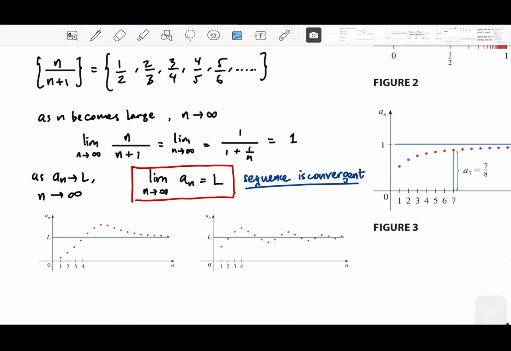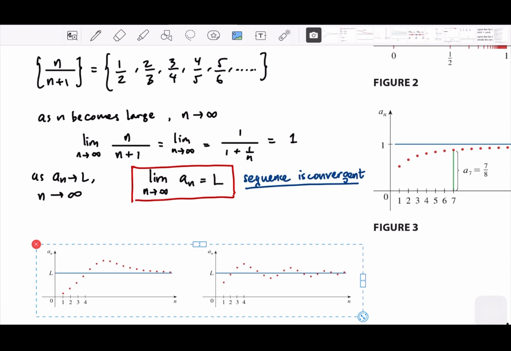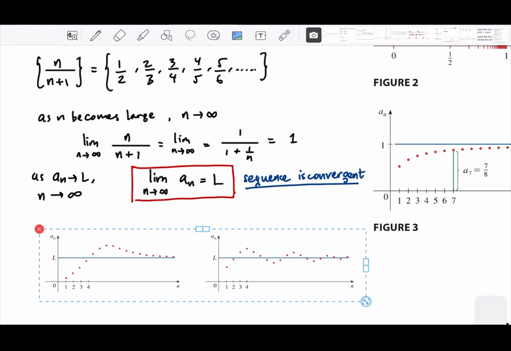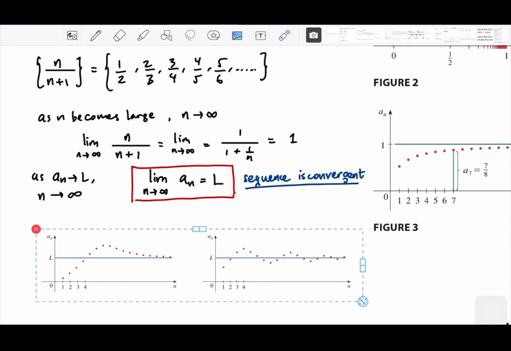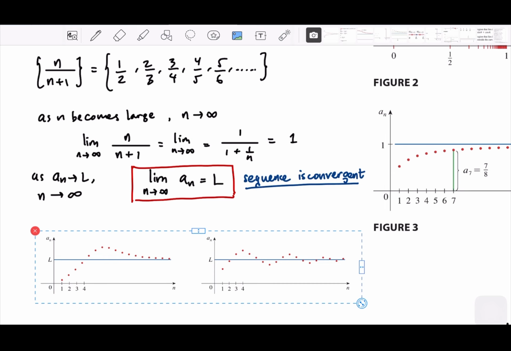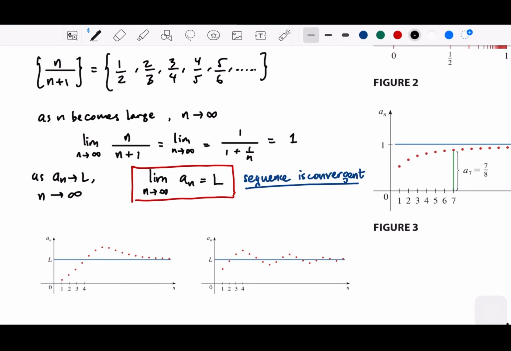Here is another convergent sequence. Sometimes the sequence can start going up as you increase n, and later it will go down and then get a consistent value.